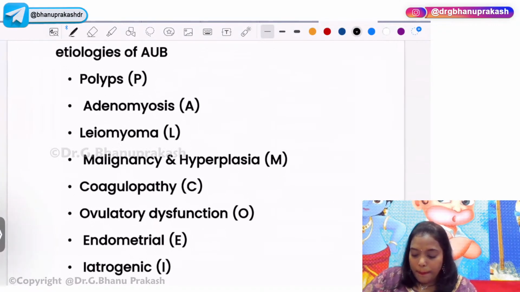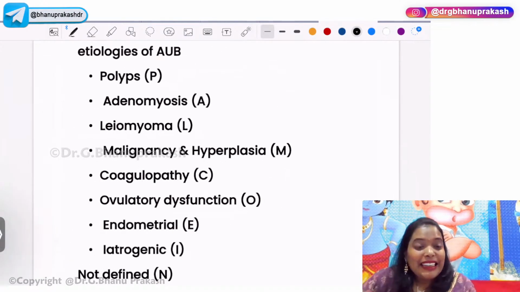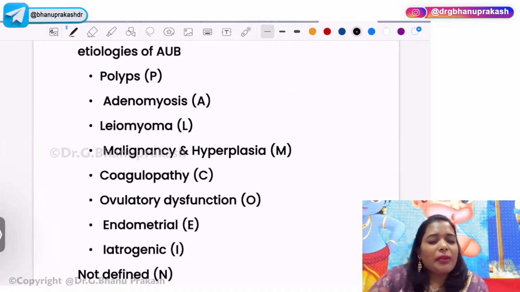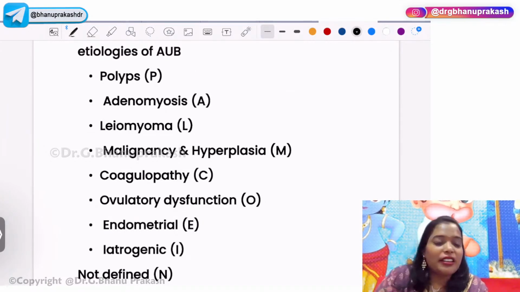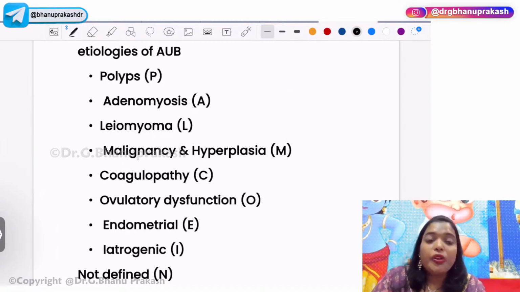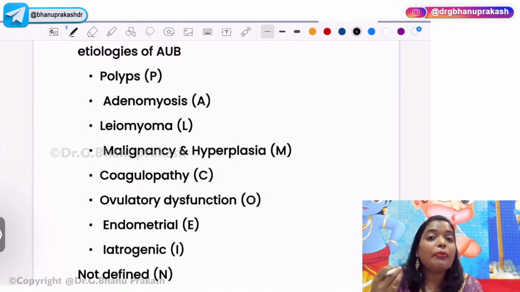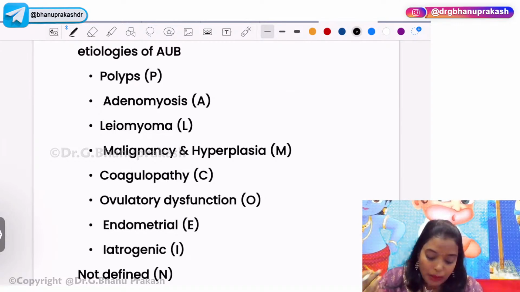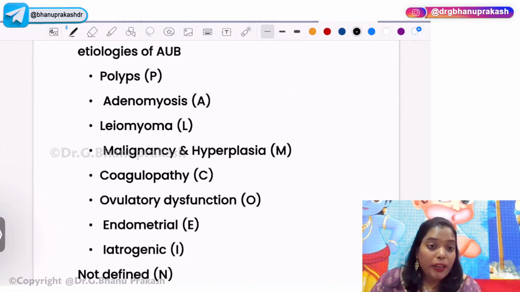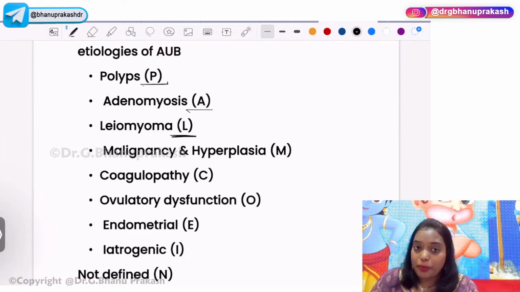Right, now, any deviation from the normal bleeding is mainly considered under abnormal uterine bleeding. All the causes of abnormal uterine bleeding have been divided into the PALM-COEIN classification. P stands for polyp. A stands for adenomyosis. L stands for leiomyoma, fibroid. M is malignancy.